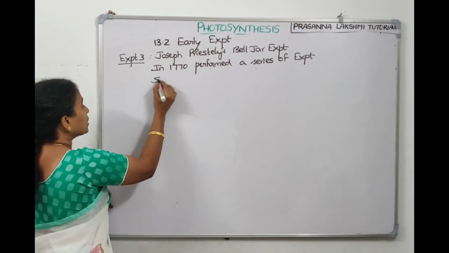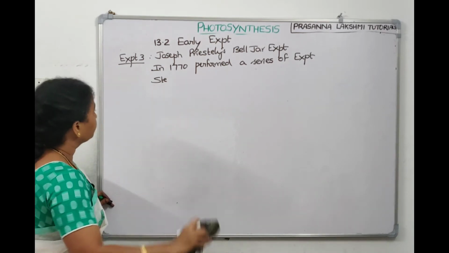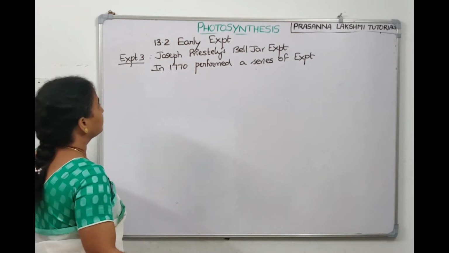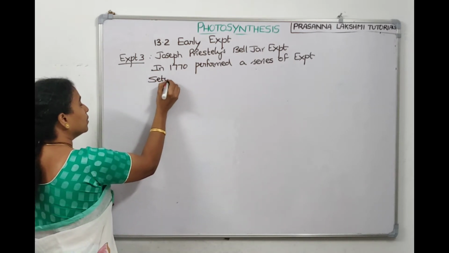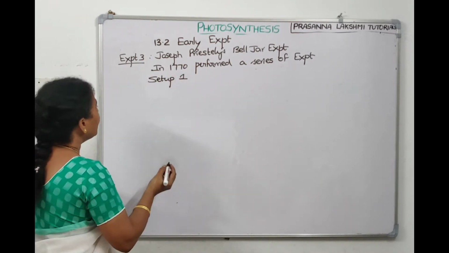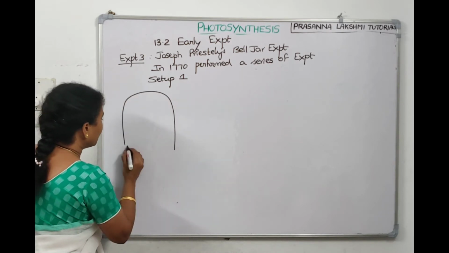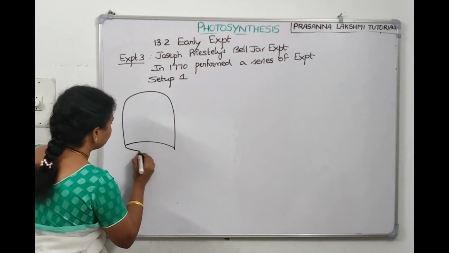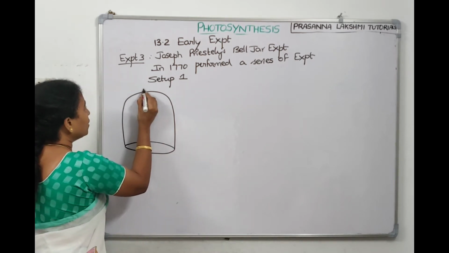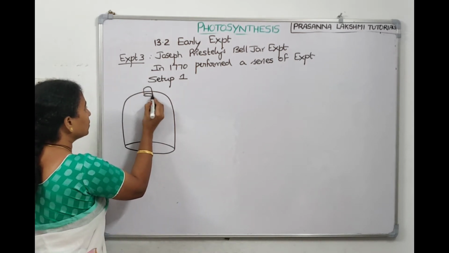So we'll talk about setup 1. In setup 1, he has taken a bell jar. The bell jar will ensure closed conditions.